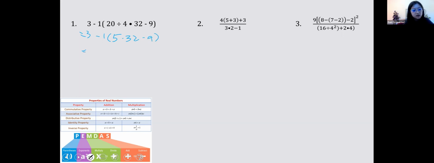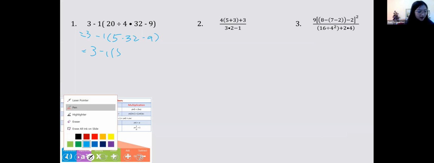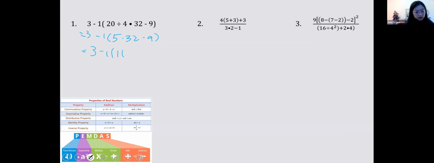And we see that there's another multiplication we need to do, which is 5 times 32, so it'll be 3 minus 1 times (160 minus 9).